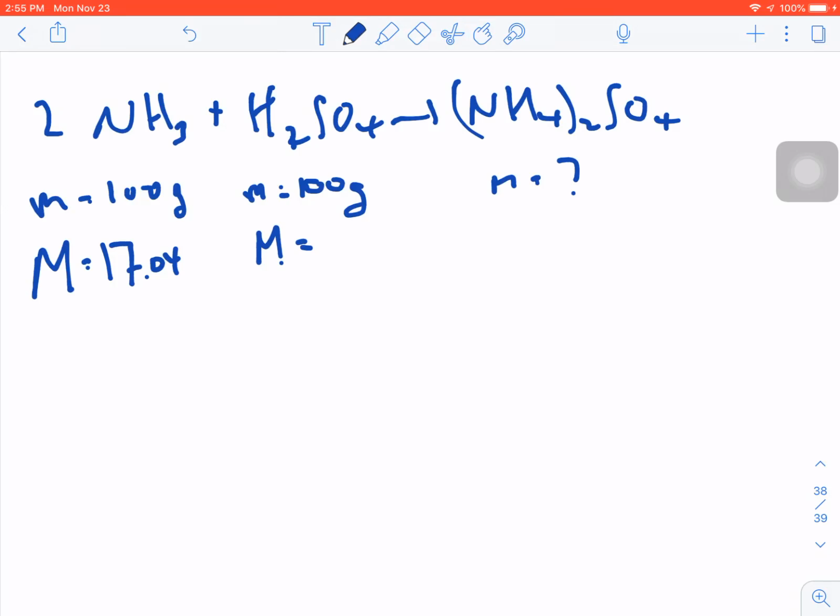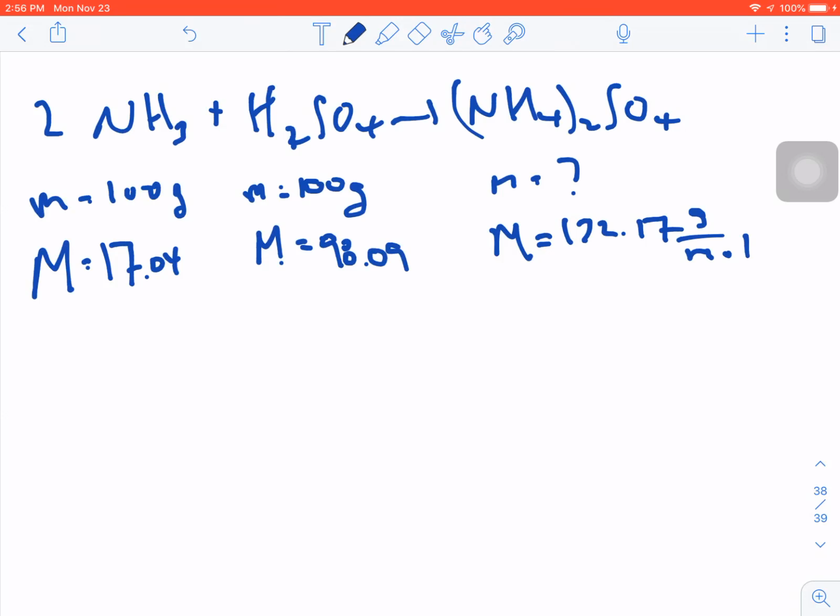Never too far from a good periodic table. Sulfur is 32 plus 2.02 plus 98.09, and the molar mass for ammonium sulfate is 132.17 grams per mole.